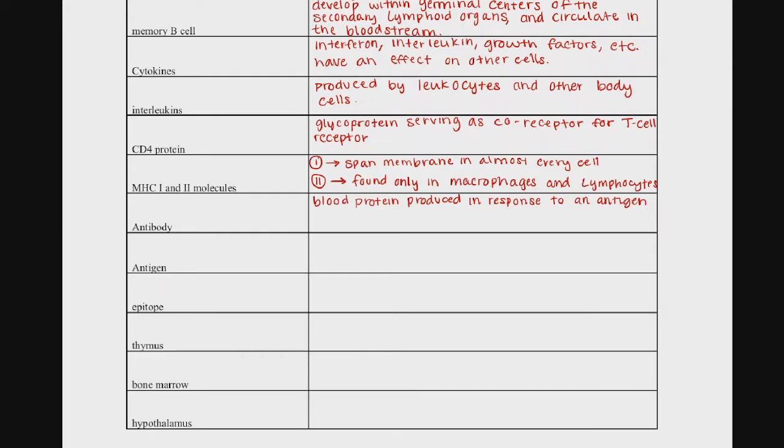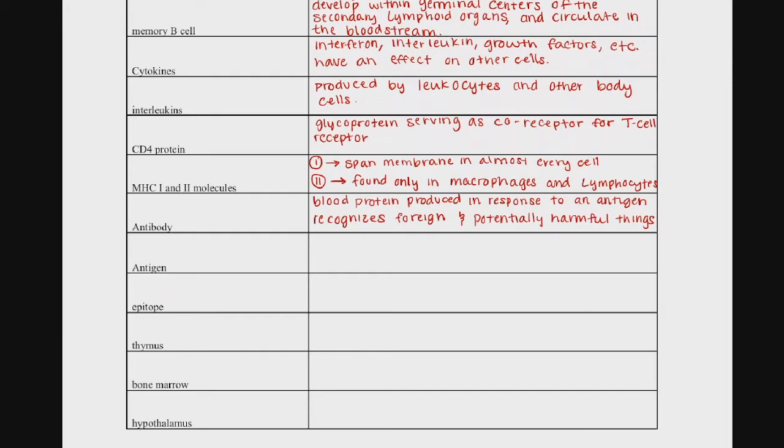So I'm just going to say that recognizes foreign and potentially harmful substances. Because I can't fit substances, I'm going to put things, which is a more simplified word.